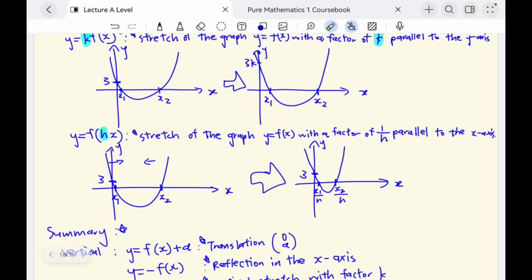Okay, let's say originally you have x1, you reduce your domain by multiplying your domain by 1 over h times. Okay, the reciprocal of the constant. That means you divide by h times. Okay, its stretch is parallel to the x-axis. Okay, so generally for f bracket h times the x, there is a stretch of the graph y equals to fx with the factor of 1 over h, which is parallel to the x-axis. Alright.